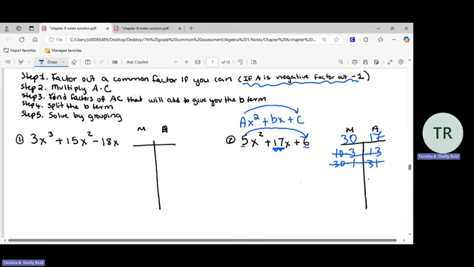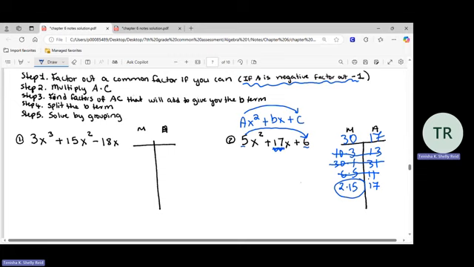Not that either. Maybe 6 times 5 is also 30, but added together that's 11. So that's not it. You keep going until you find it. In this case, 2 times 15 is positive 30, and 2 plus 15 is 17. This is the combination that I need.